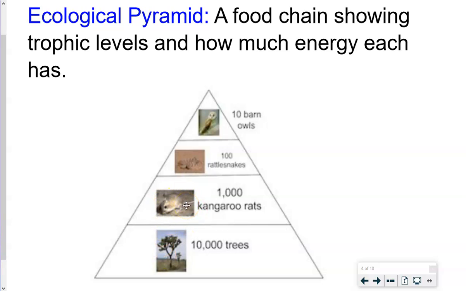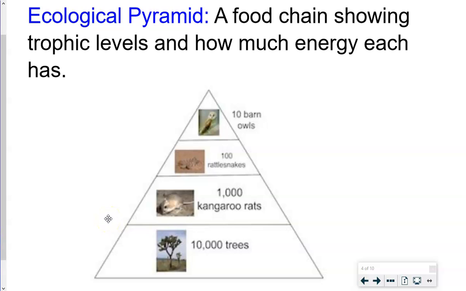Because when a kangaroo rat eats some of the energy from the tree, this rat's going to use some of the energy to grow and to digest food and to stay warm and to walk and to run. So whatever energy this rat gets from the tree, it uses a lot of it up. There's not very much energy left in the rat to go to the rattlesnake. So one rat isn't enough energy for a rattlesnake. He's going to have to eat like 10 of them. Okay?